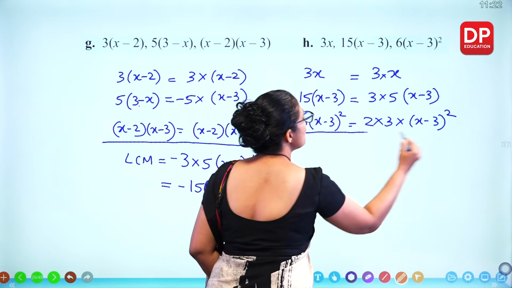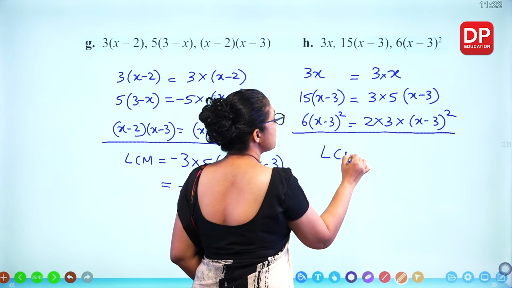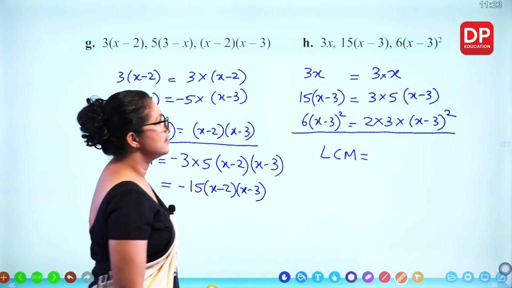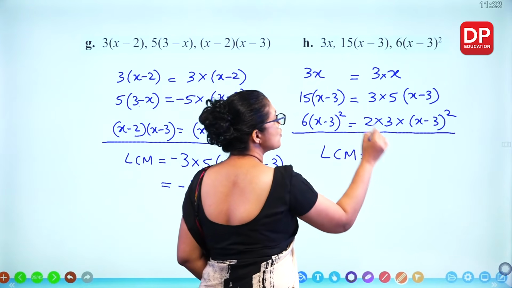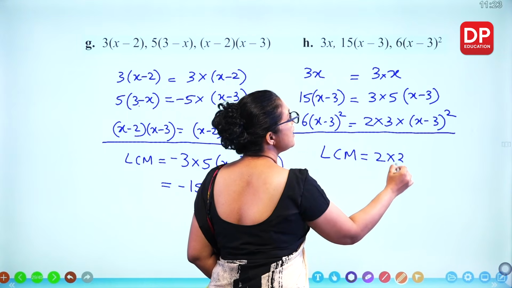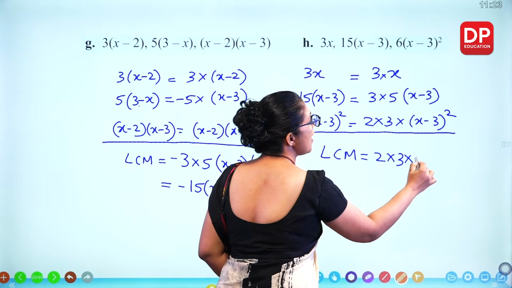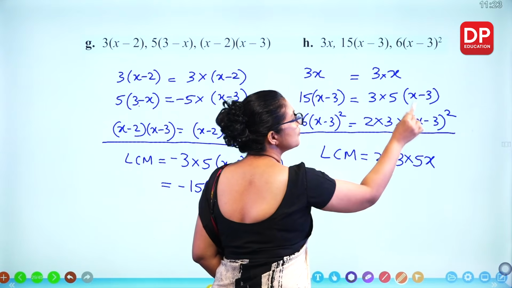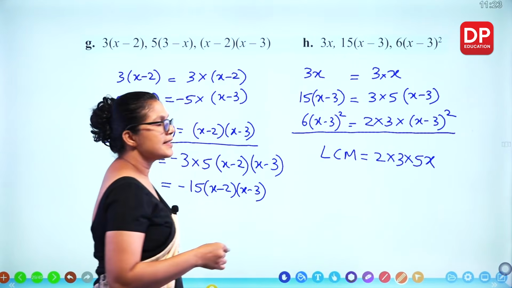Now when you want to find out the least common multiple, what you do? You take the maximum power. When you take maximum power of 2, you get ones. Maximum power of 3, you get 3. Maximum power of 5, you get ones. And you get x term. What's the maximum power of x minus 3?